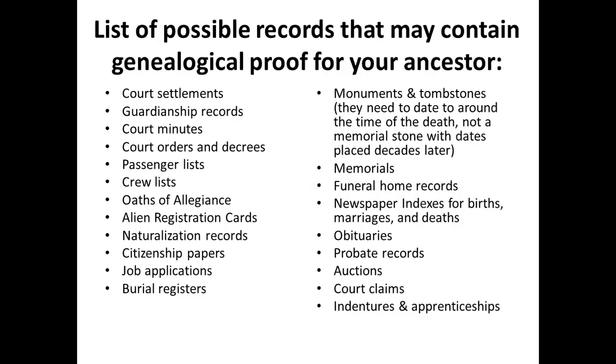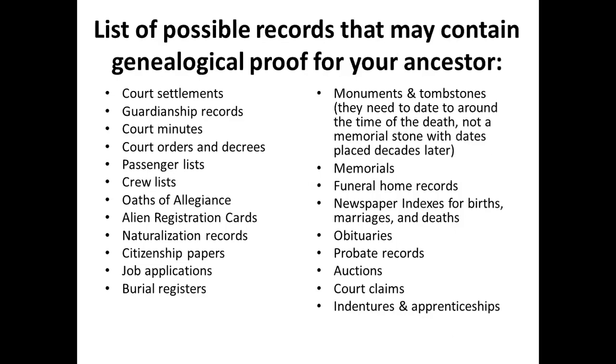So those are usually fairly accurate. Funeral home records, you'd be amazed what you can find there. Sometimes funeral homes will let you go through the older records. Some even have published books with the older ones when they have either sold out or bought a new company.